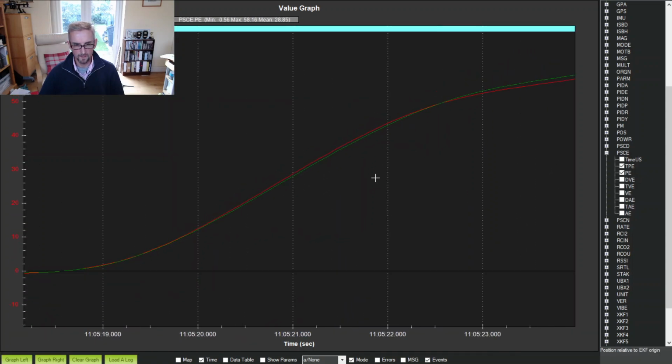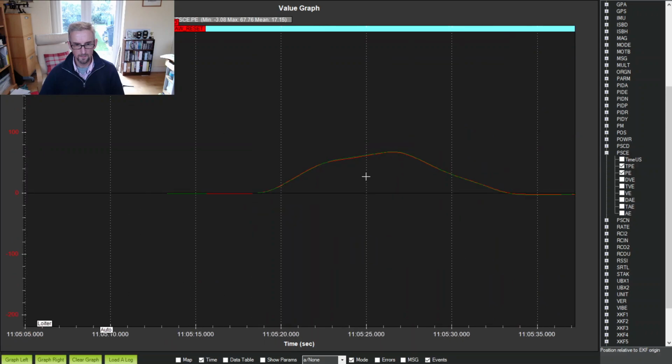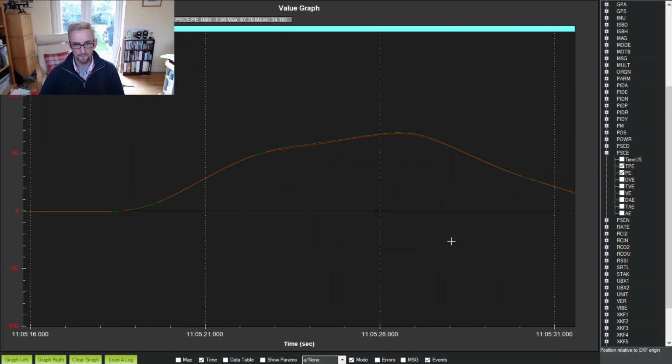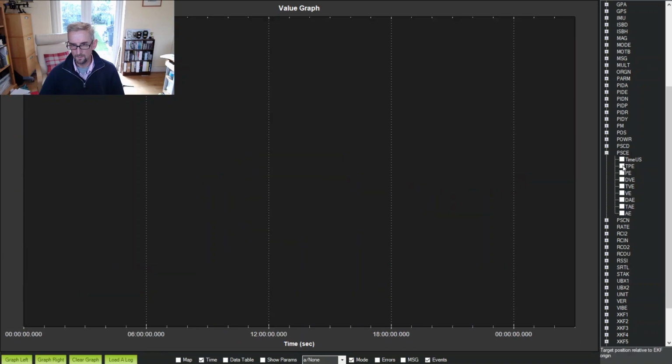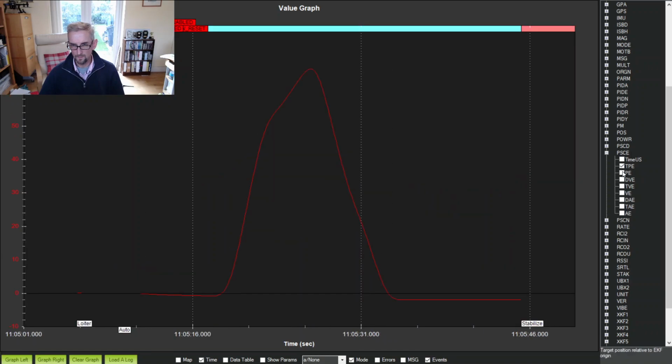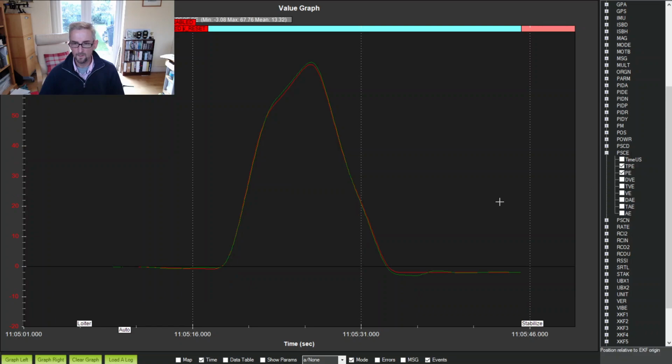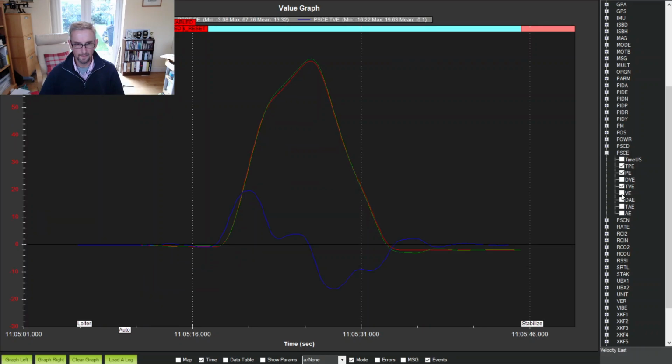But if we scale this back up, so this is target position, actual position.